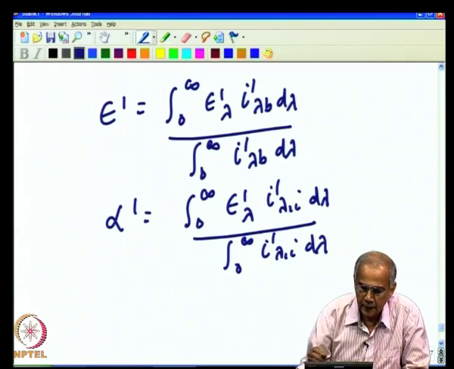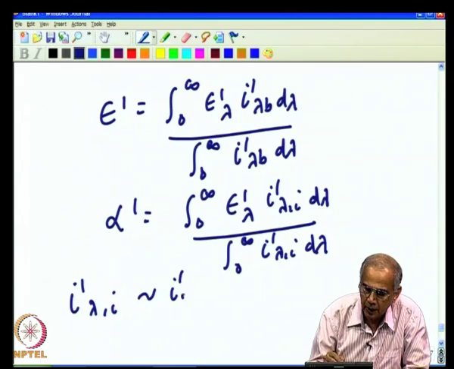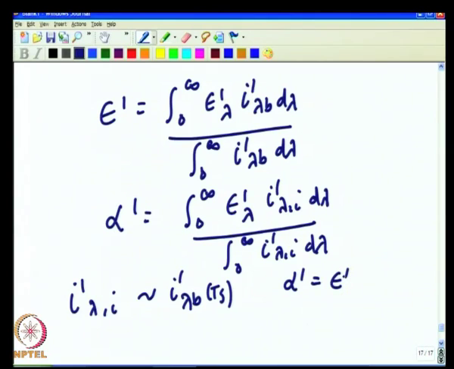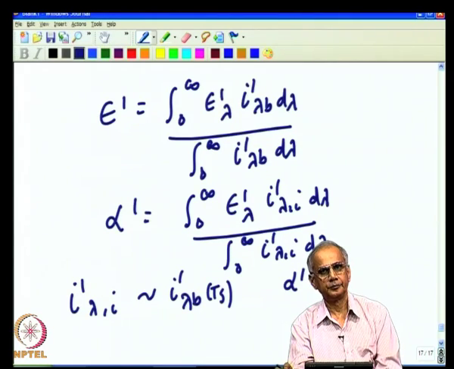But we can see that if by chance the incoming radiation happens to be proportional to the blackbody intensity at the surface temperature, then we can say these two are equal. But in the real world this will be very rare. It will be a rare occasion when the radiation incident on a surface has a wavelength distribution proportional to that of the blackbody at surface temperature.